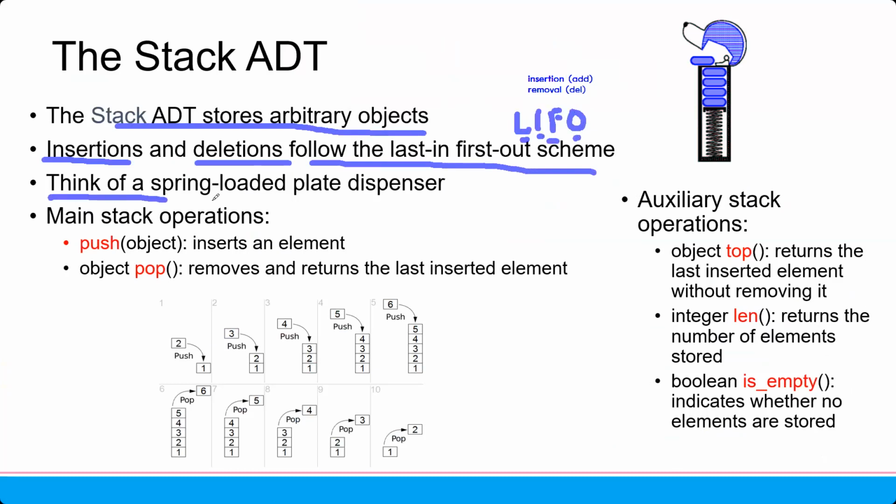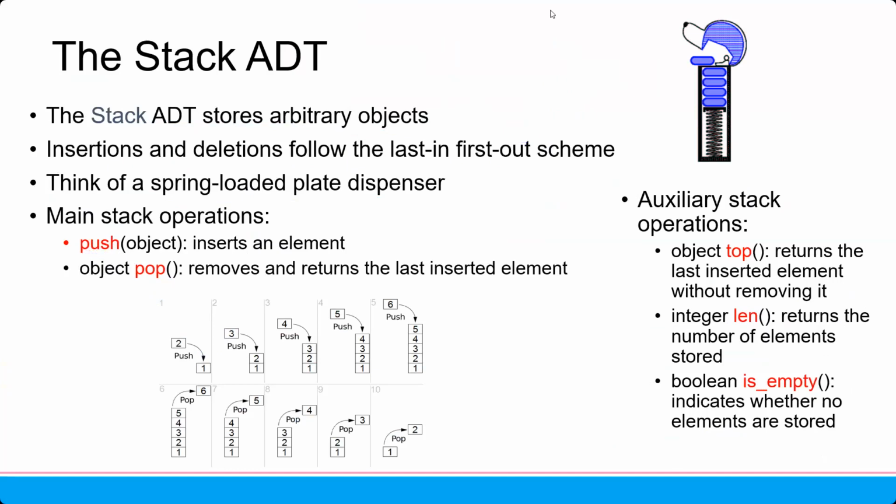We can think about it like a spring-loaded plate dispenser. For example, I have two operations, push and pop. In the first operation, I make a new element, which is 1. And then I push a new element, which is 2.